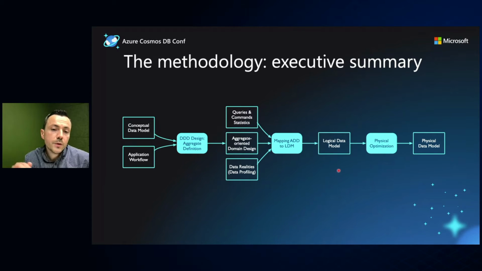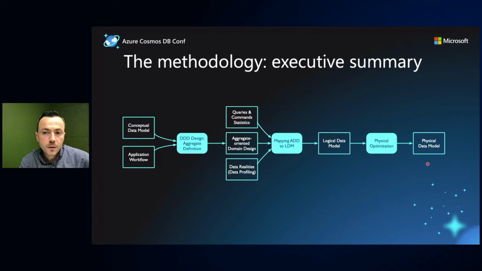So the logical data model you can treat as a first version of the actual representation of the data on the Cosmos database side. And the very last steps would be to apply a series of physical optimizations so that we can have the final version of the physical data model implemented on Cosmos database.